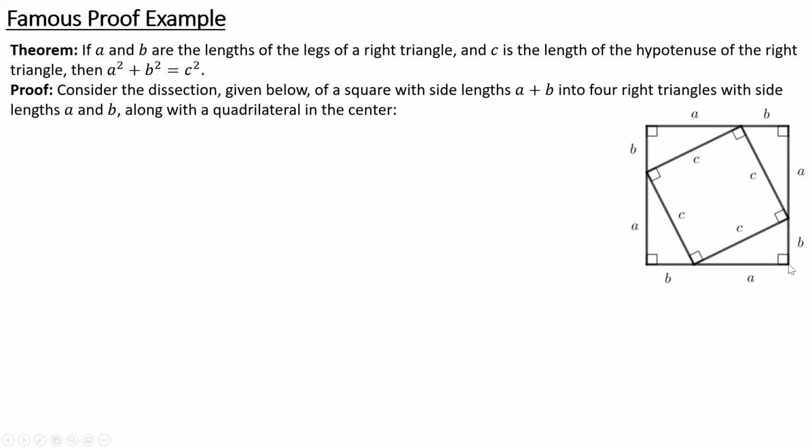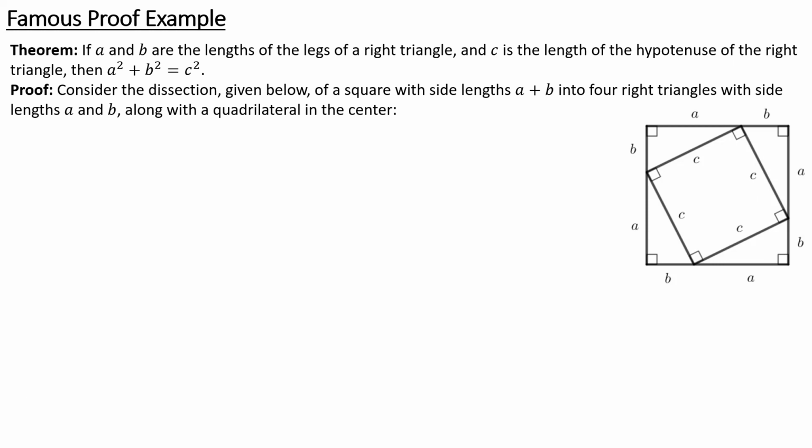That is the definition of a square. They have 4 right angles, and the side lengths are the same, a plus b. So that's the definition of a square. So we have this square, and now we're going to use it.